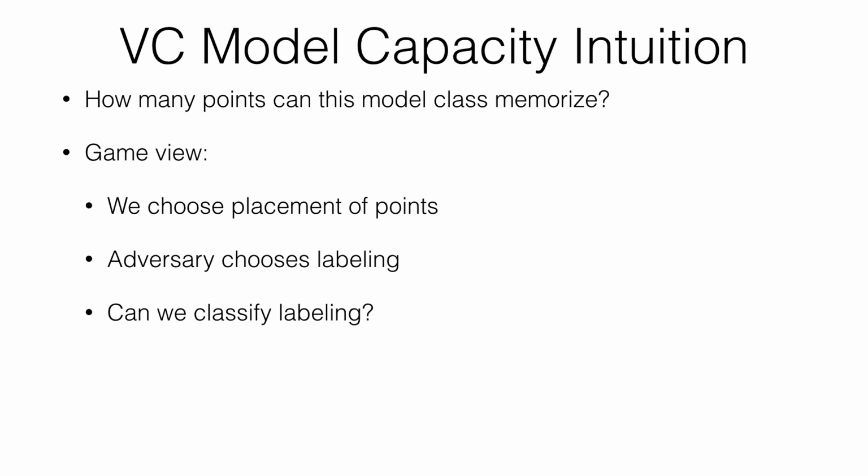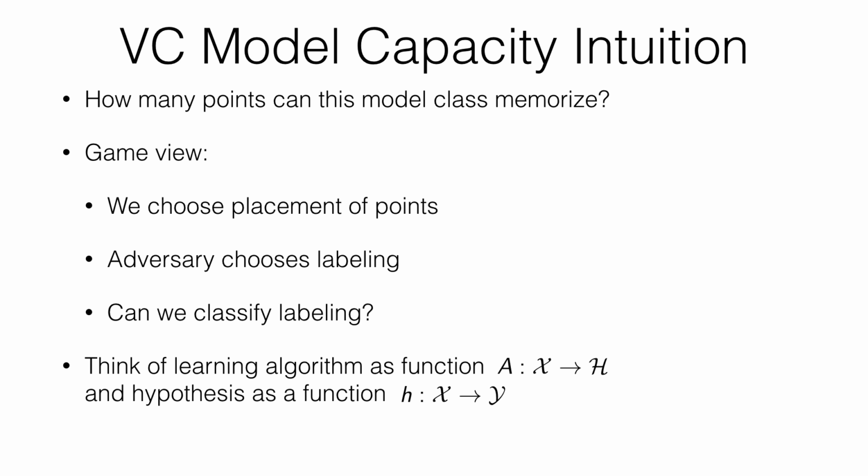This is just another view of the same definition, but it might be helpful to think about it a different way. A third view is to think of the learning algorithm as a function A that maps from the space of all possible data set inputs, which I'm writing as calligraphic X, to the space of all possible hypotheses. A takes some data set as input and outputs a hypothesis, and the hypothesis is a function that maps from inputs to labels.